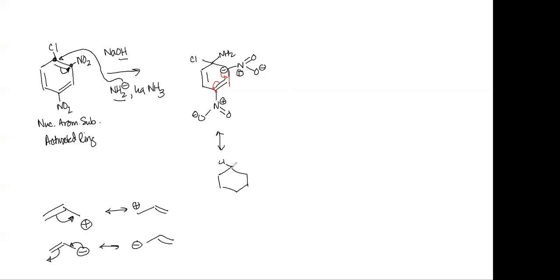So my Cl and my NH2 are going to be there, but now my negative charge is going to be next to the bottom nitro group, and my double bond will go there.